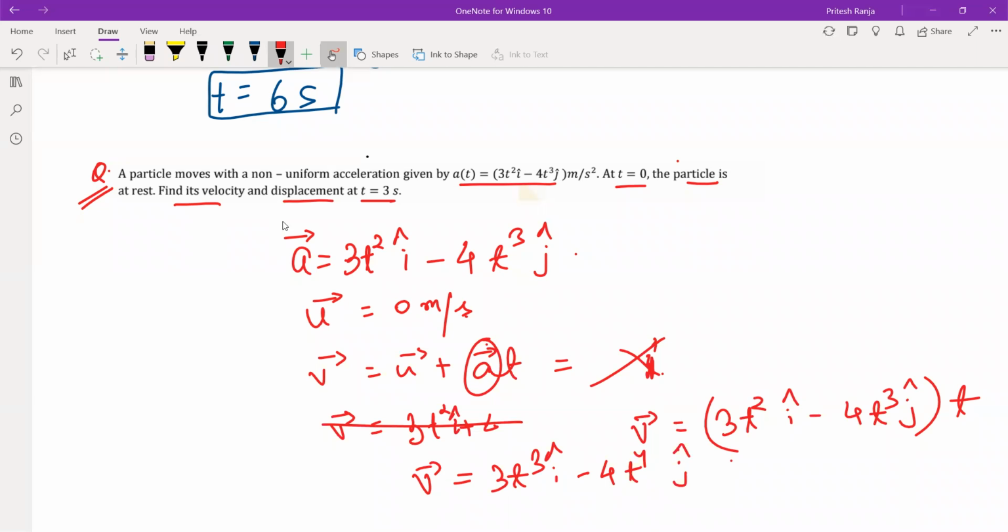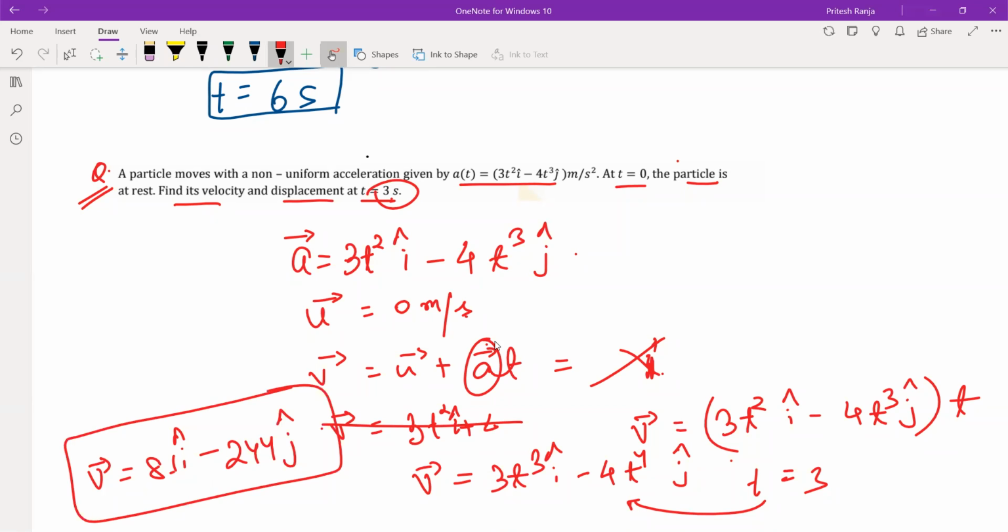We have to find the velocity at t equal to 3. So put t equal to 3 here, and we get the velocity vector as 81 i cap minus 324 j cap. So we got the velocity vector at t equal to 3 seconds.